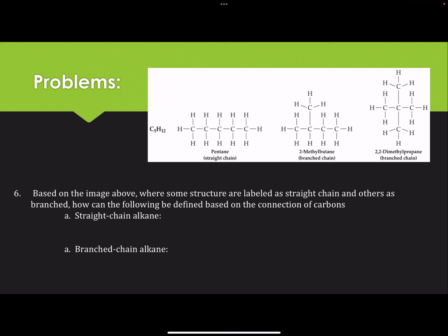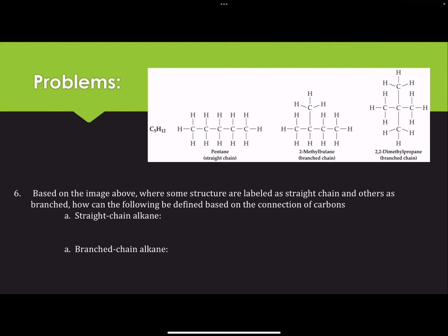So based on the example that we just looked at, where some structures are labeled as straight chained and others as branches, how can we define these structures, straight chain versus branch chains, based on the connections of carbons? So we've already talked about that a little bit.